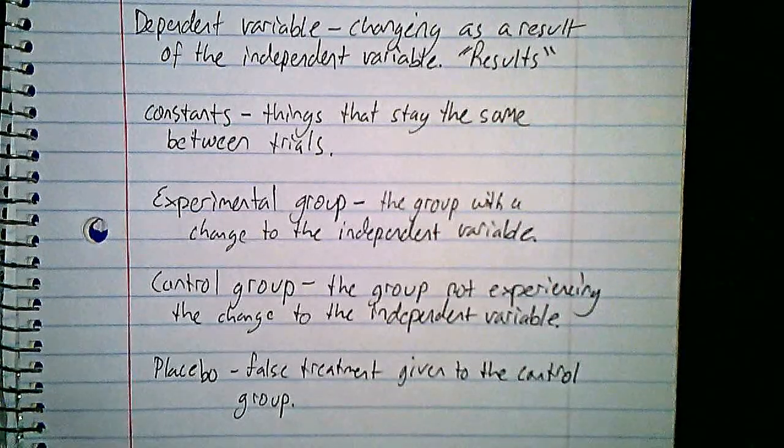So you really are unable to draw a conclusion in an experiment unless you're comparing the experimental group to the control group. And a significant result could be less exciting than it seems.